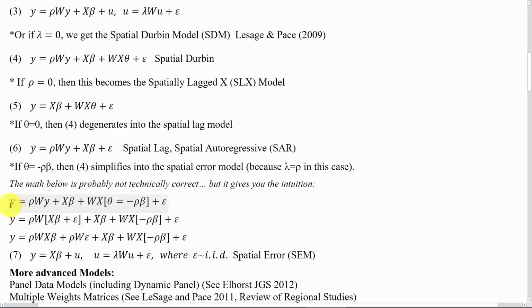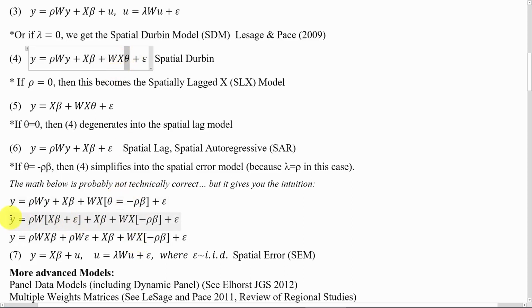So if we start with the idea that we're looking at the spatial Durbin model here, and we plug in this identity that theta equals minus rho beta. We're just plugging that in here for theta in the spatial Durbin model. And what do we get?